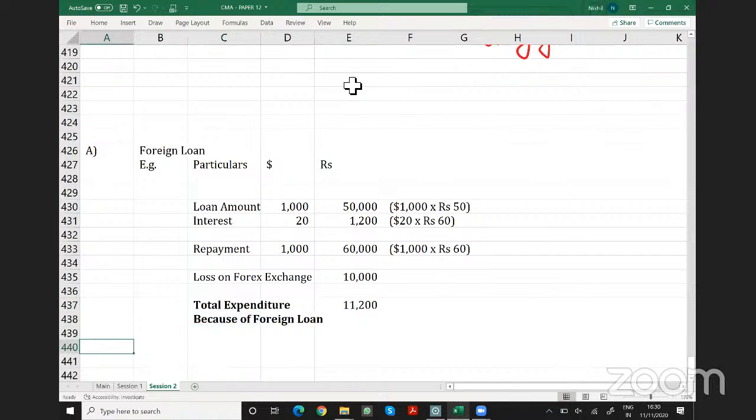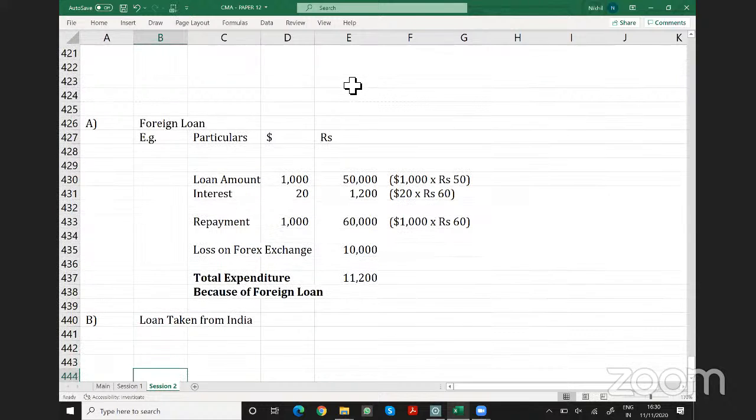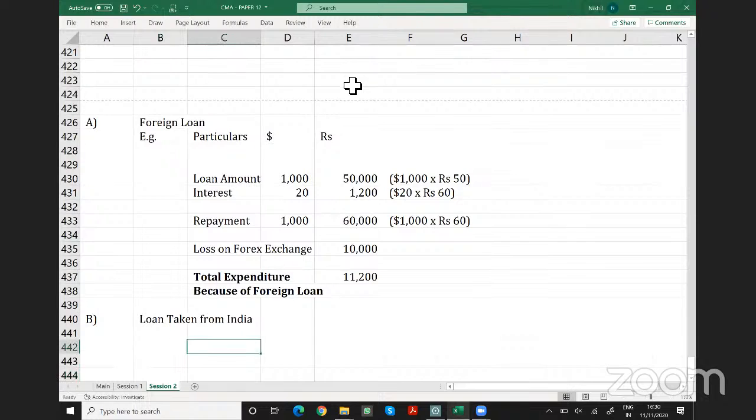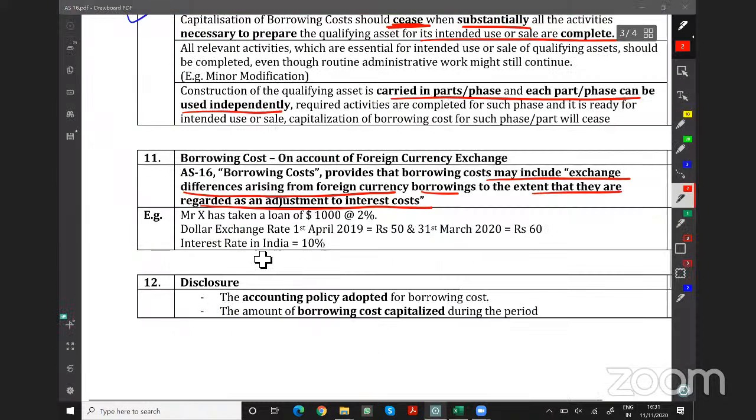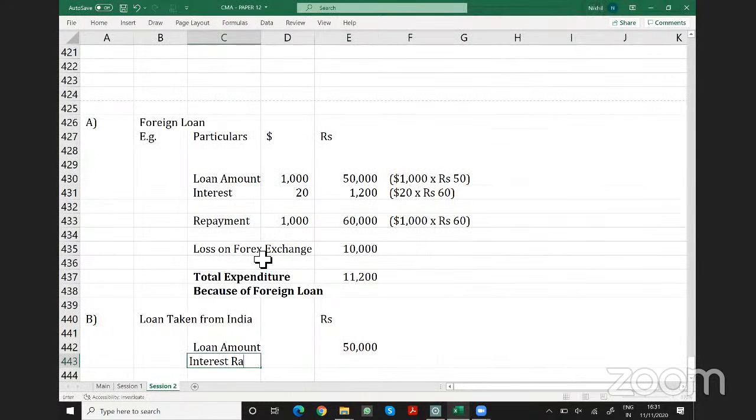If the same loan was taken from an Indian bank, what would have been my situation? The loan amount is 50,000, and this will be in Indian rupees only, because the bank will pay you in Indian rupees, and the interest rate in India is 10%. So 50,000 into 10% will be 5,000.